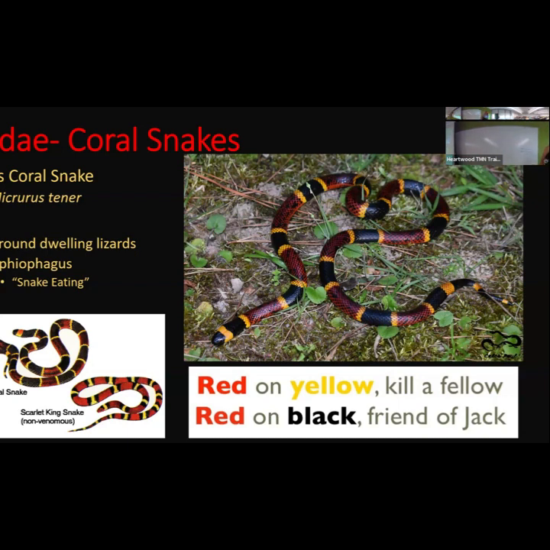I've heard that if you see a snake colored similar to this, it's probably a coral. Is that true? I mean, it's a 50-50 shot because we have scarlet king snakes around and the milk snakes. So it's 50-50. If you see a coral snake, you're lucky because typically you don't see them a lot.